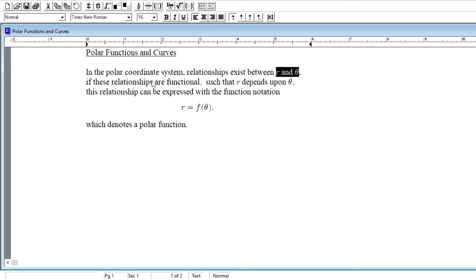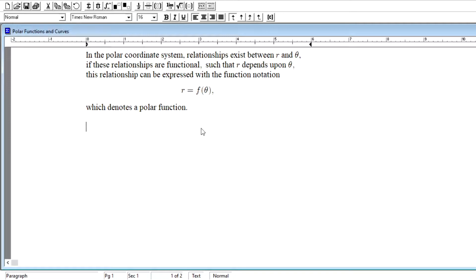And if these relationships are functional, such that r might depend upon what angle theta we happen to be at, this relationship can be expressed using function notation given by this statement here, r equals f of theta, which denotes a polar function. Here we have r, the dependent value, in a functional relationship with the independent value being the value of theta.